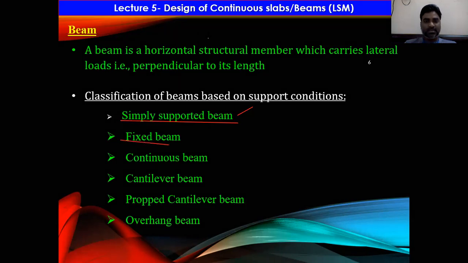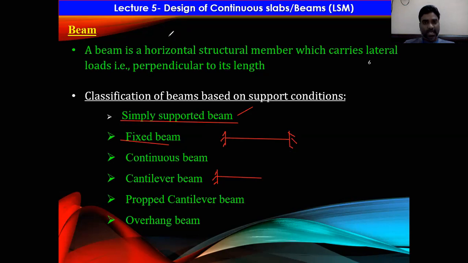Fixed beam: if both ends are fixed, so suppose this is a beam and both ends of the beam are fixed, this is a fixed beam. And coming to the cantilever beam, one end is fixed and the other end is free, right? This is a cantilever beam.